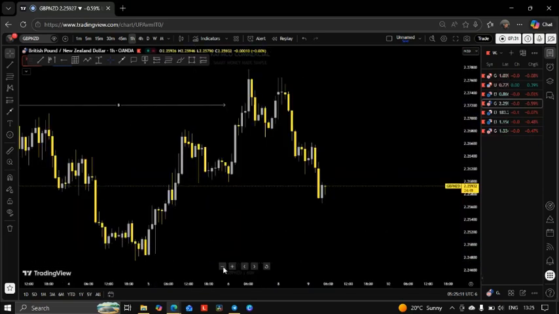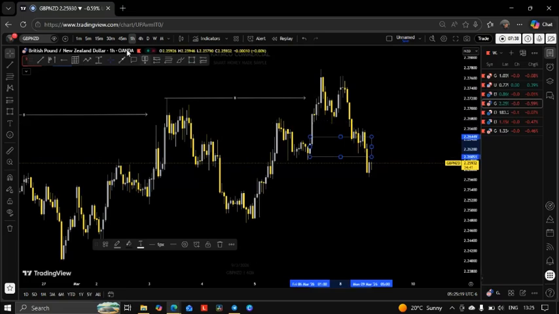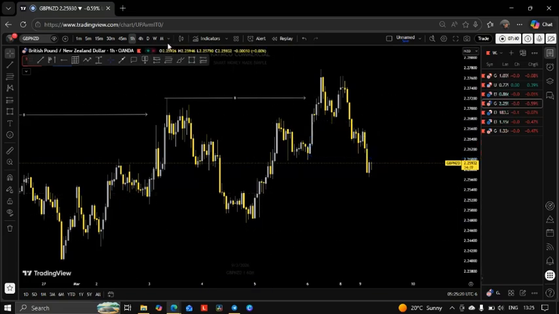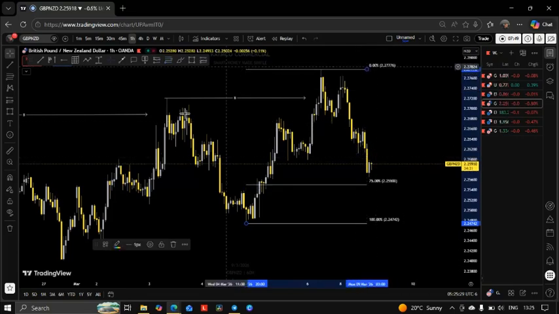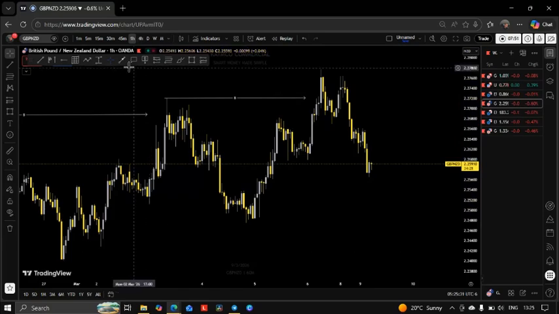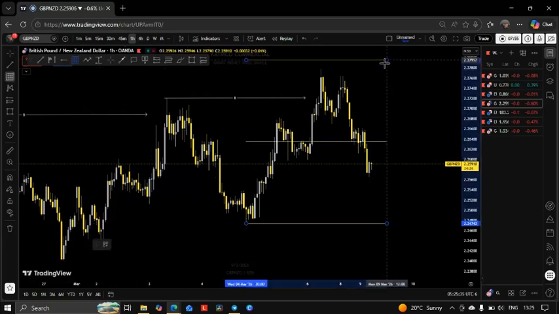On the 1 hour time frame, this might have looked like a demand zone, but if you place your Fibonacci, it will tell you otherwise, because you only sell when price is above the 50% zone. There's a saying, buy low, sell high.